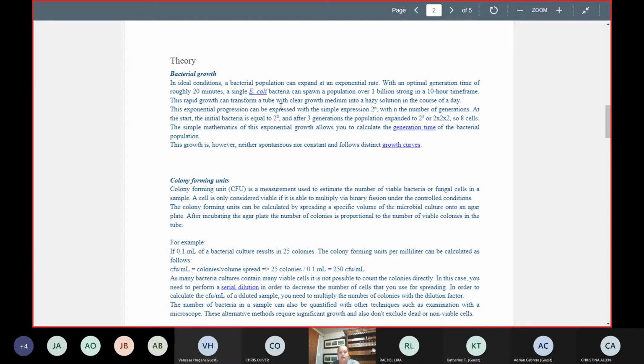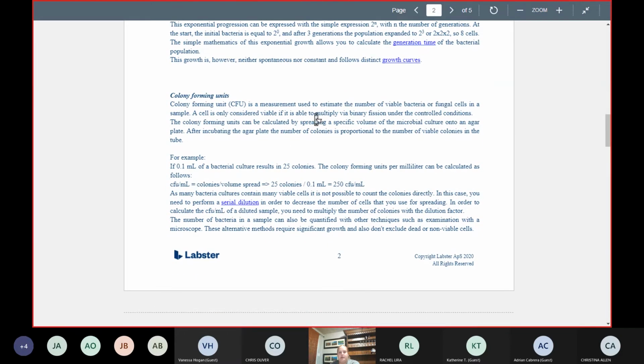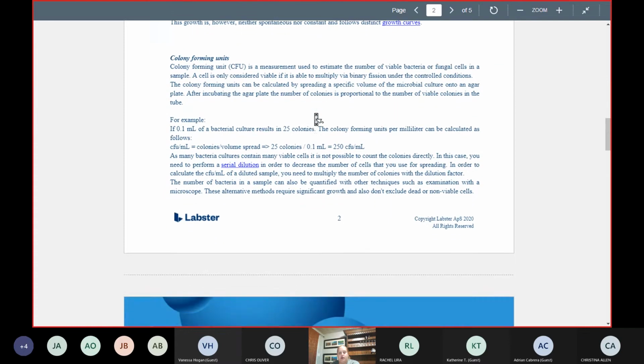And that's represented as a number like this. So 2 to the 0 would be your initial bacteria, and after 3 generations you'd have 2 to the 3, or 2 times 2 times 2, so 8 cells total. After 4 generations, 2 to the 4, you'd have 16, 2 to the 5, you'd have 32, and so forth. So that's just something to remember about how bacteria grow.